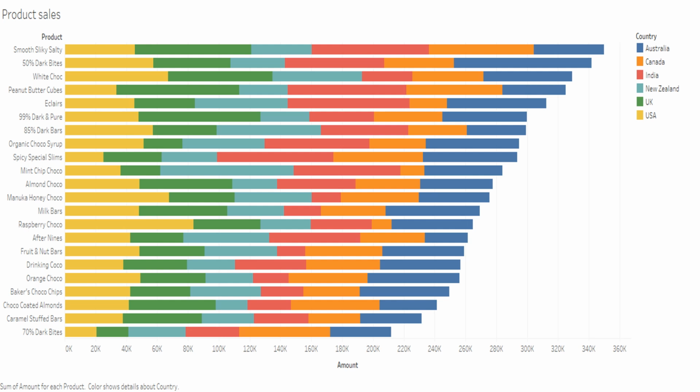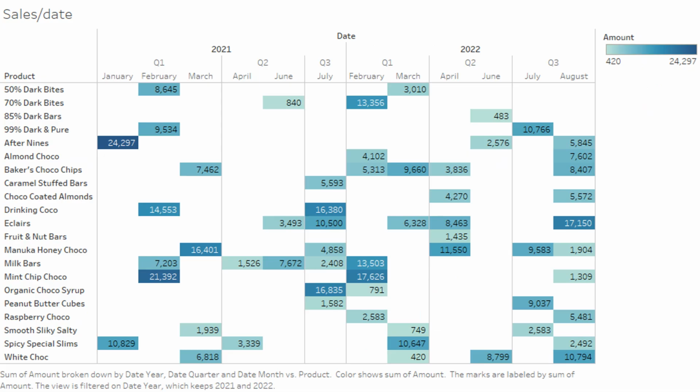Each country, as you can see in the legend on the right side, is represented by its own color: blue for Australia, orange for Canada, red pinkish for India, bright blue for New Zealand, green for the UK, and yellow for the United States of America.